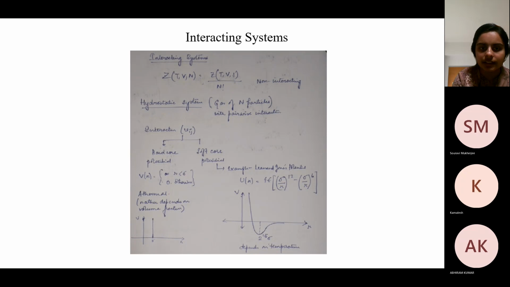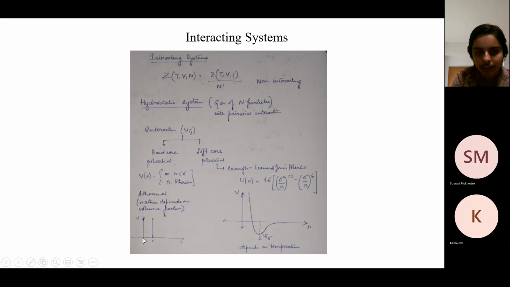So if a particle has a radius of sigma, we'll consider the potential from 0 to sigma, where r is the coordinate which specifies the distance from one particle to the other. This tells you that for r from 0 to sigma, we have an infinite potential, because we cannot get into the particle. It's a hardcore potential, and beyond sigma, it's always 0.